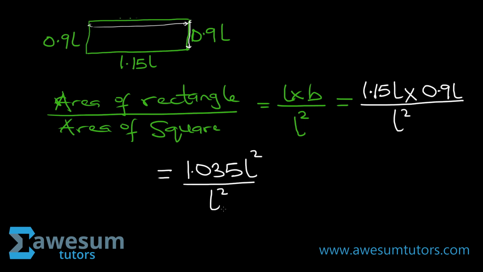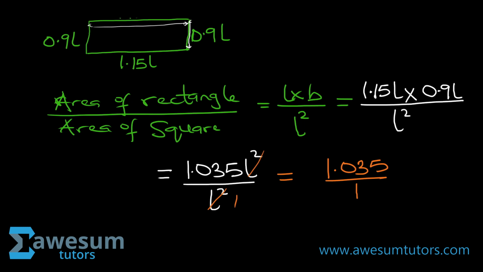Now if you take a look at this, L squared cancels L squared, one over one, right? So my final answer right here gives me 1.035 over 1. Can you see that, guys?